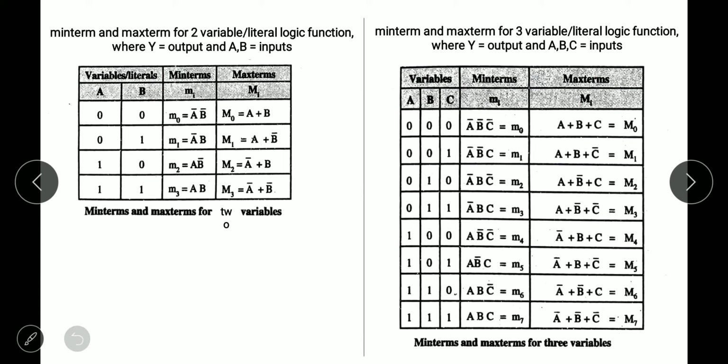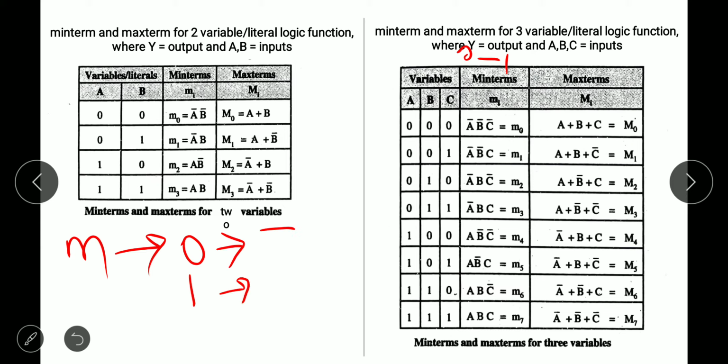For a min term, 0 represents bar and 1 represents no bar. Okay, if you remember, for a min term, 0 represents bar over here, and 1 represents no bar.